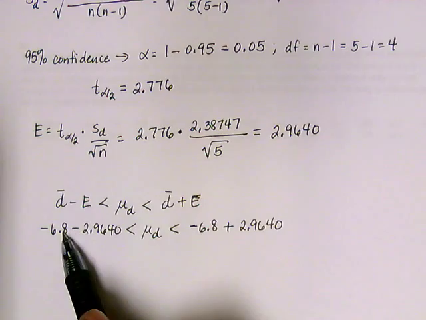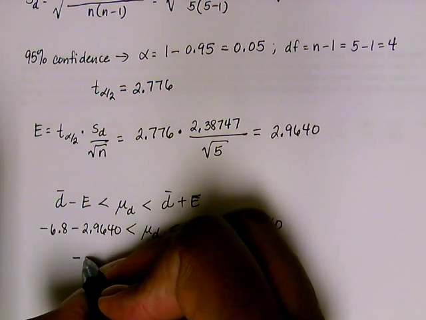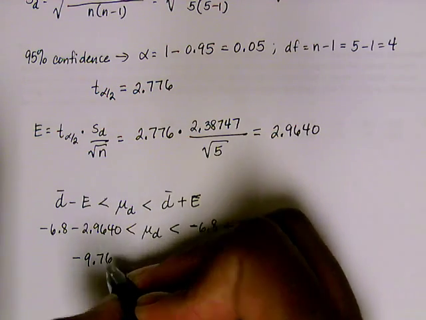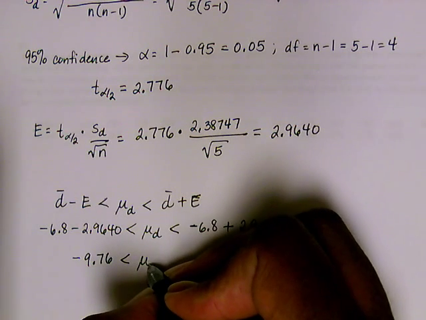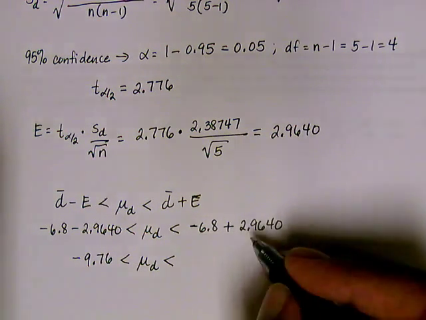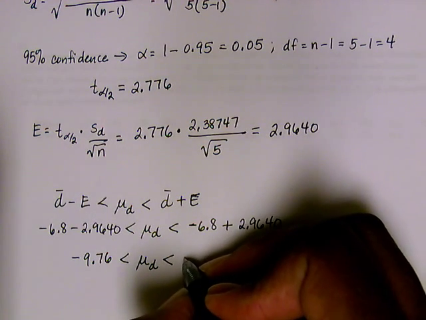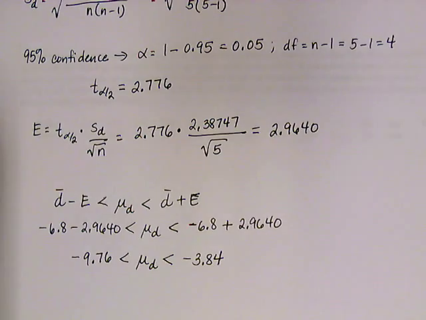Now if I do negative 6.8 minus 2.9640, I'm going to have negative 9.76. And I'm rounding to 2 decimal places here. Less than mu sub D, less than negative 6.8 plus 2.9640 would be negative 3.84, rounded to 2 decimal places.